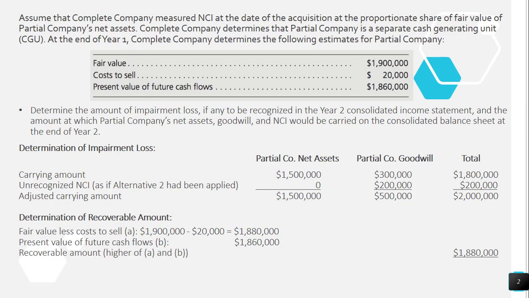So in this case, the recoverable amount will be the fair value less cost to sell metric of $1.88 million, which we subtract from the adjusted carrying amount of $2 million to end up with our impairment loss, calculated as the adjusted carrying amount less the recoverable amount, equaling $120,000.